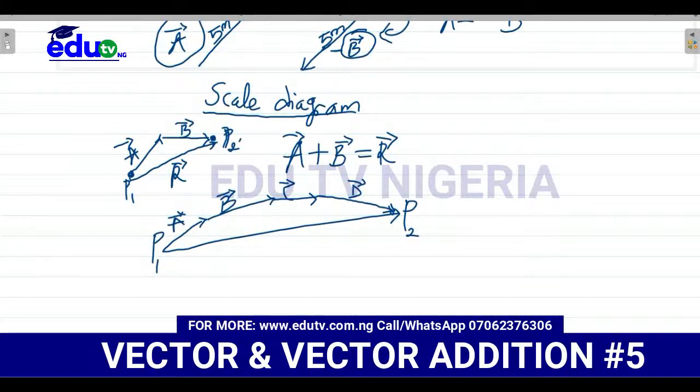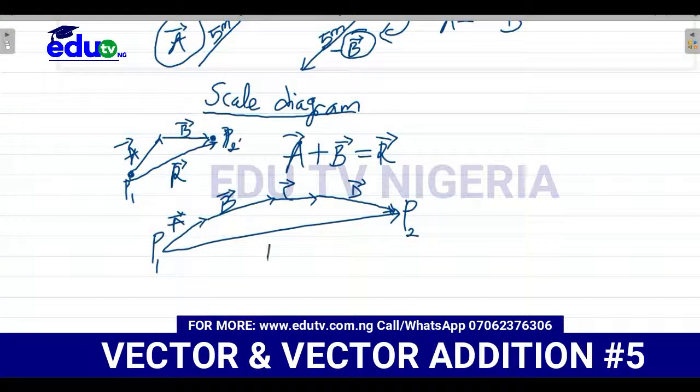Now the resultant vector, or the vector addition, from point P1 to point P2, the displacement between P1 and P2, will give us the total addition of the vectors within the two points.